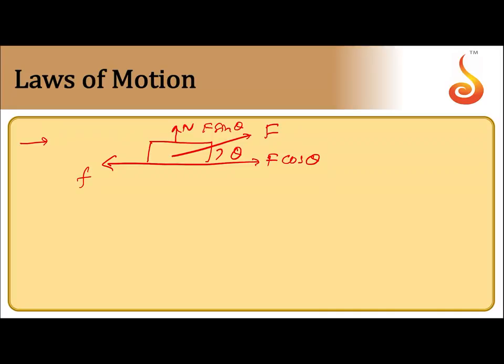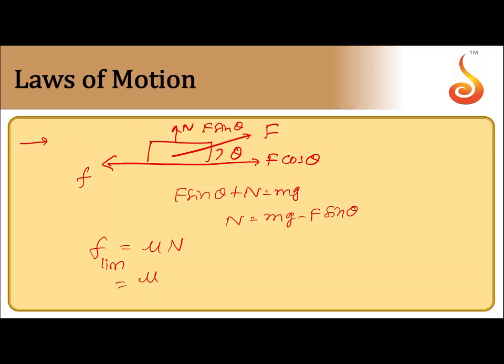So now pulling force towards right becomes F cos theta, isn't it? While what we have is F sin theta plus n balancing mg, or n becomes mg minus F sin theta. So your force of friction, that is limiting force of friction, becomes mu n, that becomes mu into mg minus F sin theta. Remember, this is limiting friction.